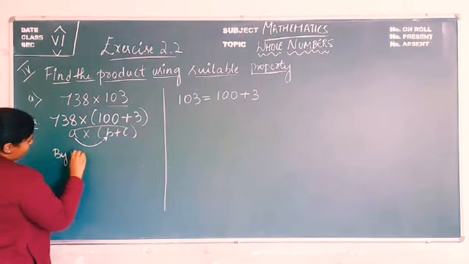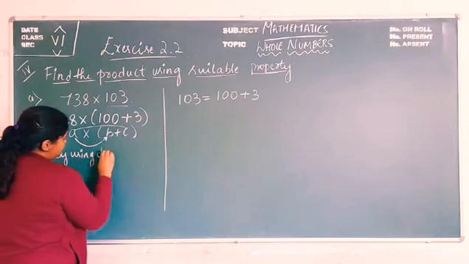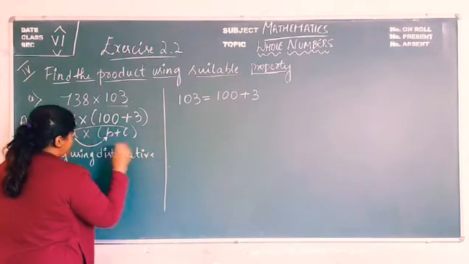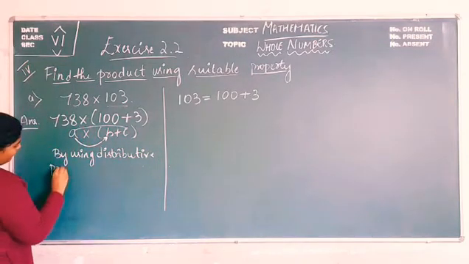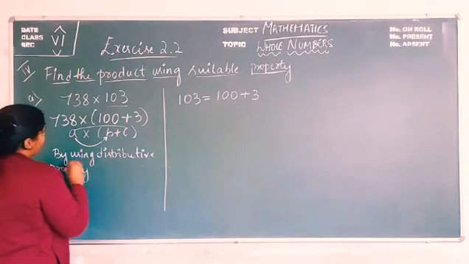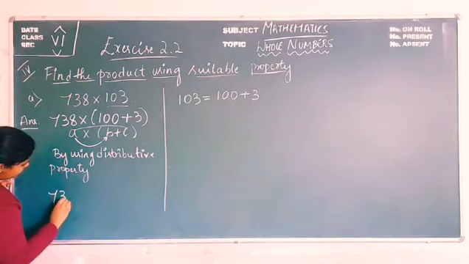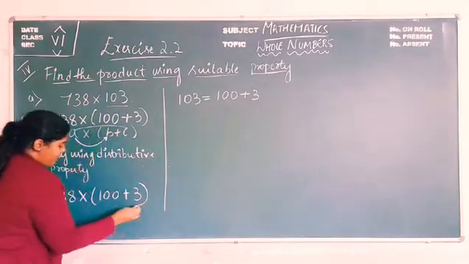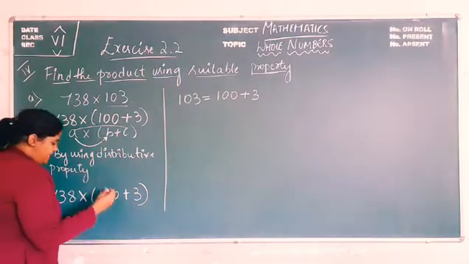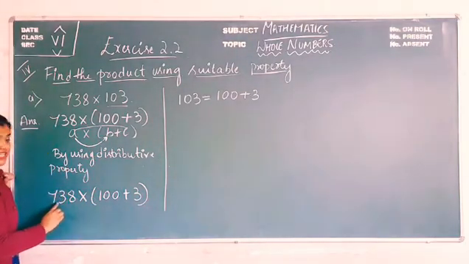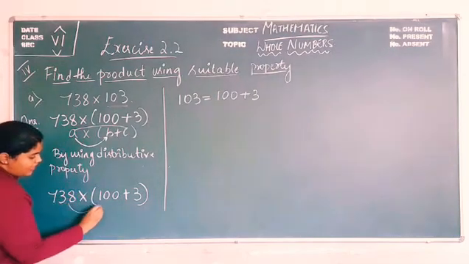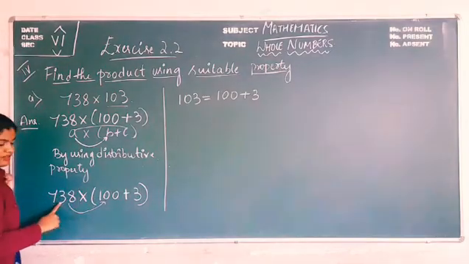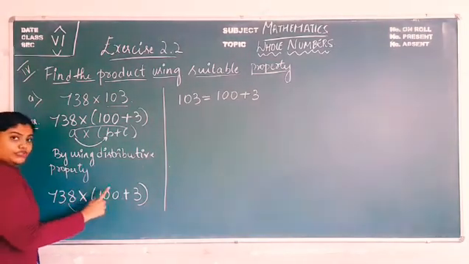By using distributive property, I will rewrite this here, that is 738 into 100 plus 3. So now if I apply distributive property for this expression, first I have to multiply the first whole number into the second whole number, so 738 into 100.